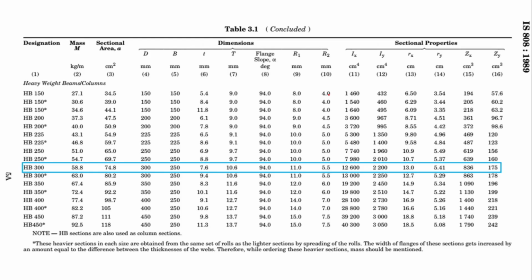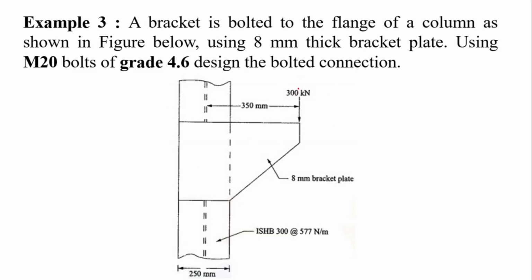Now moment due to external force M. If you see this figure here, 300 kilonewton is the external load which is acting on this connection eccentrically. As we have discussed at the beginning of the lecture, since the load is acting away from the CG line of the bolted connection, it will create a moment due to the eccentricity of the external force.